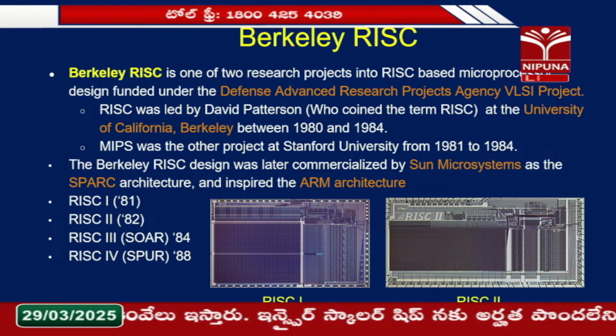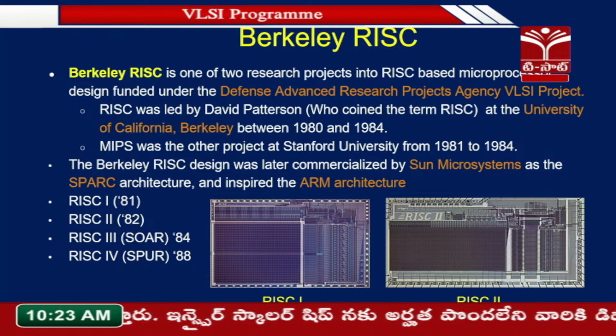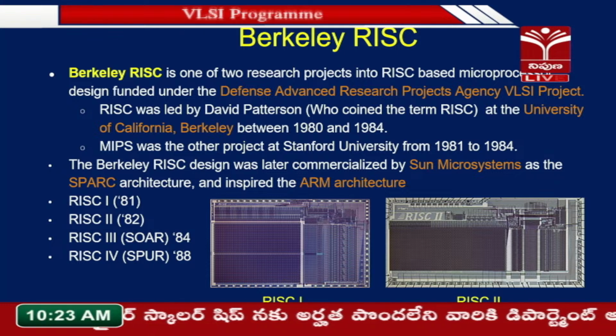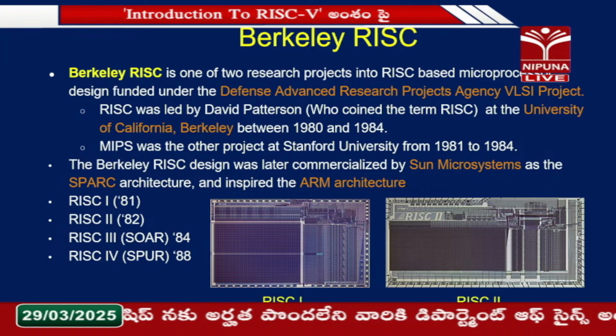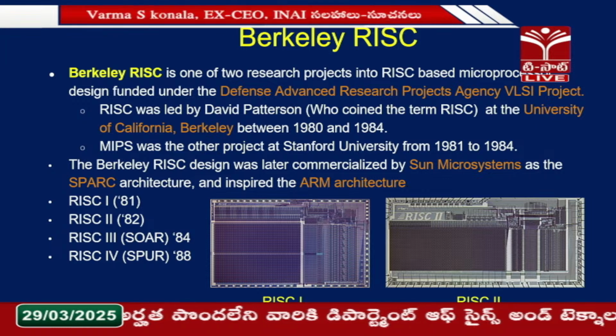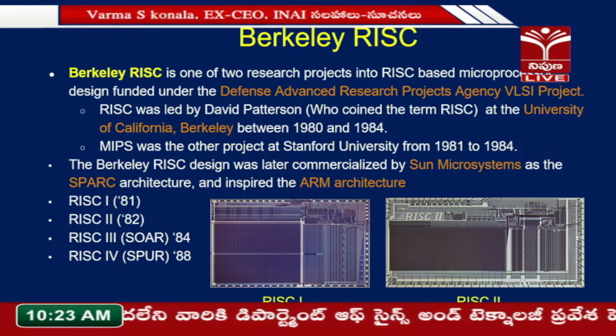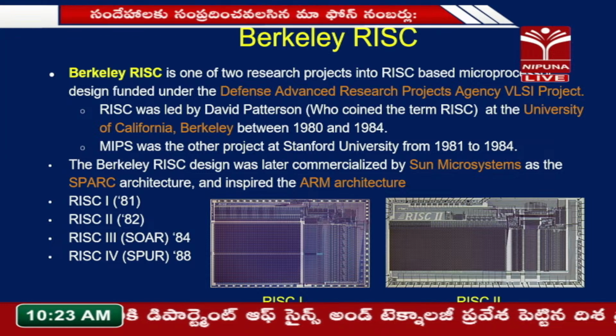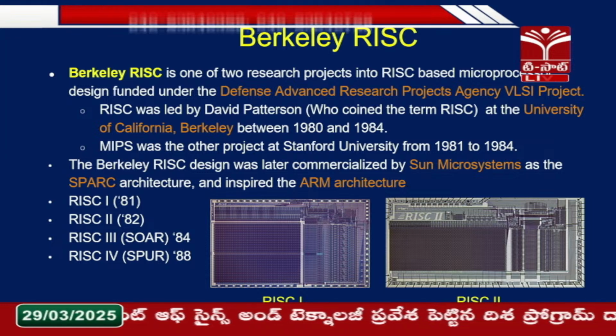They started this, so Professor Patterson at that point of time was working with multiple companies, looking at all these different architectures, the IBM architecture and other architectures that were developed since the 60s. He was also looking at the Intel x86 architecture.